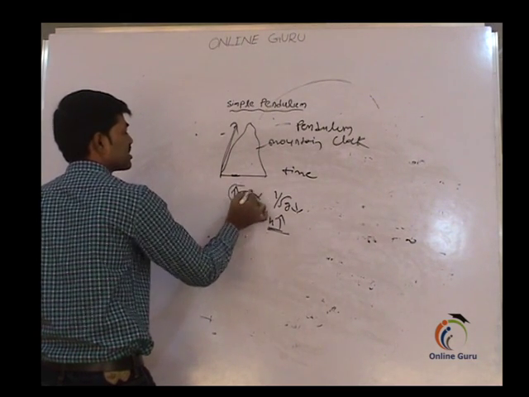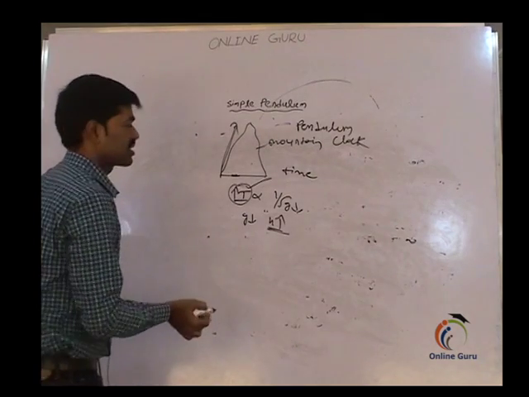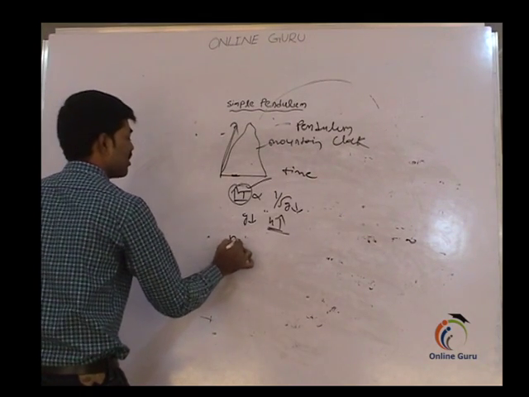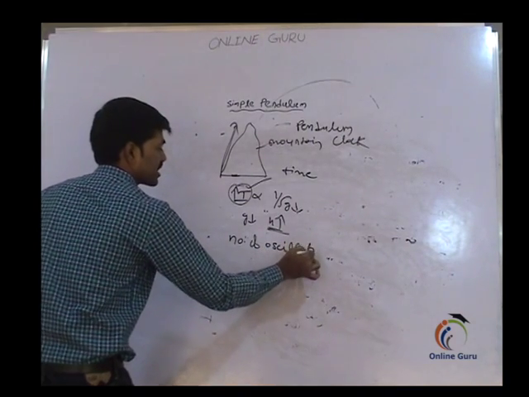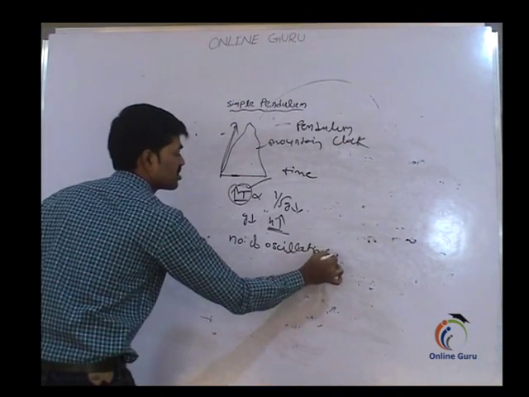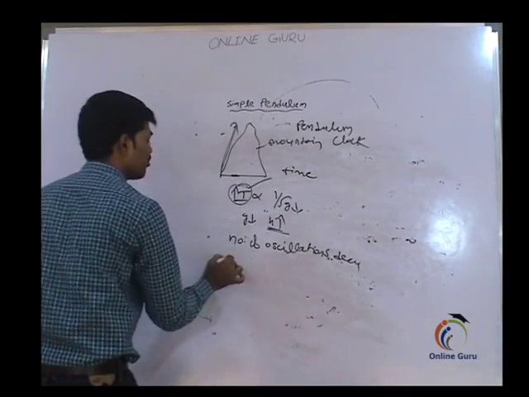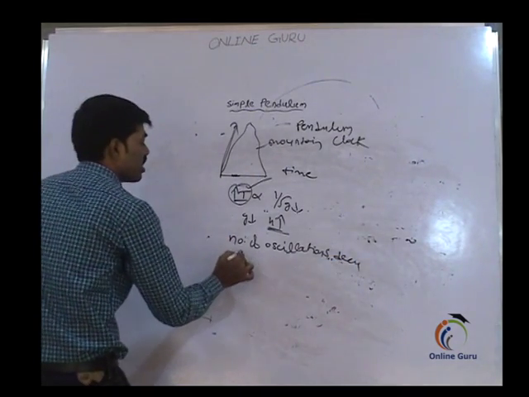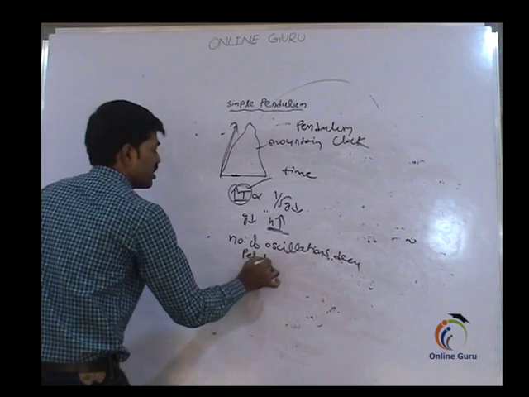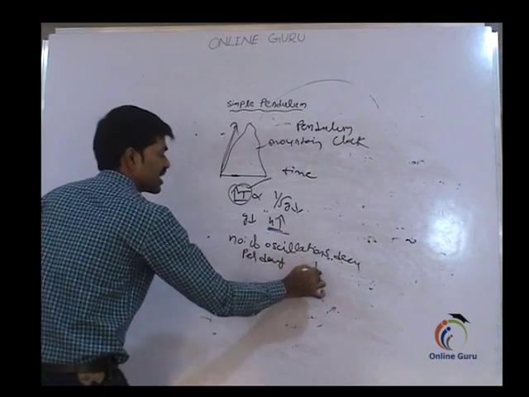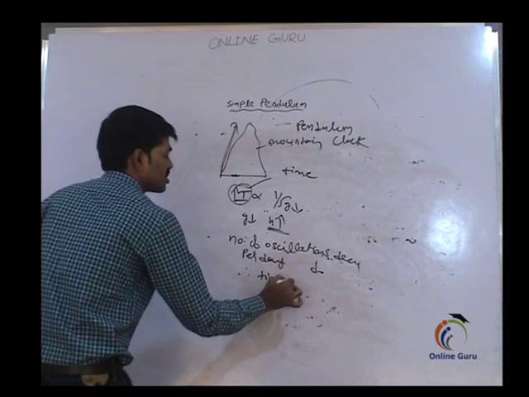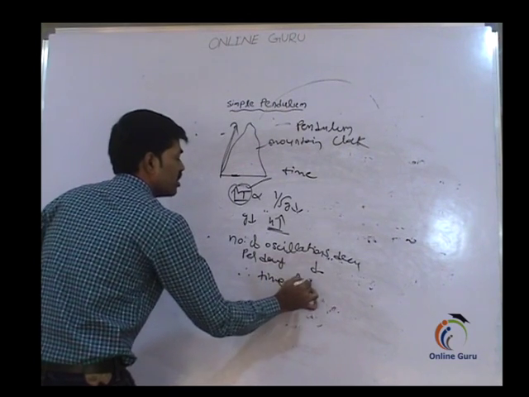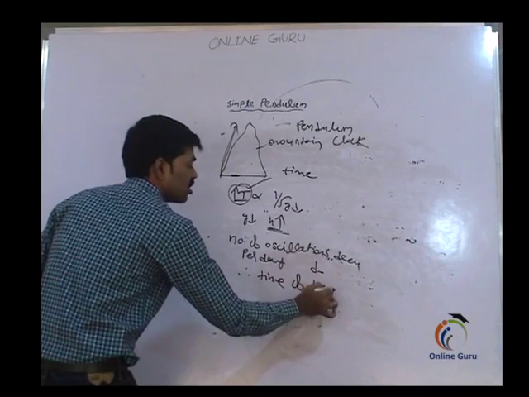Gravity decreases means the time period will increase. The time period increasing is nothing but the number of oscillations decreasing. Therefore, the oscillations per day will decrease. Therefore, the time gets lost. The time of the pendulum clock gets lost.